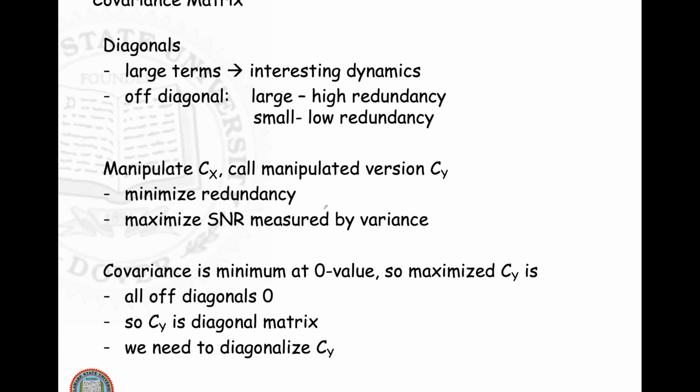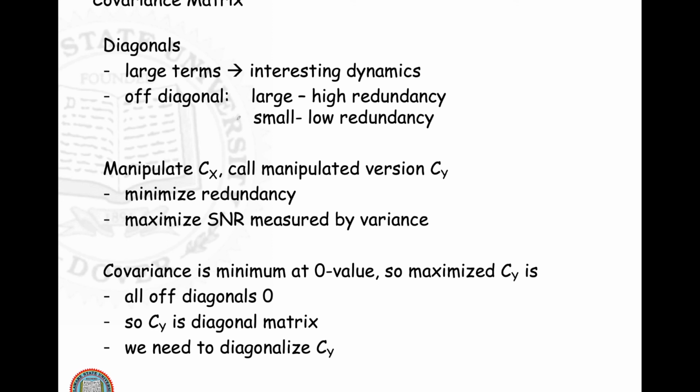Okay. So now, we said we want the interesting dynamics to be the variances that are largest. And we said this idea of covariance can be used to measure redundancy. So what we want then is to have our large terms along the diagonal, i.e. the variances should be large, and then the covariances off diagonal should be small because we want low redundancy.